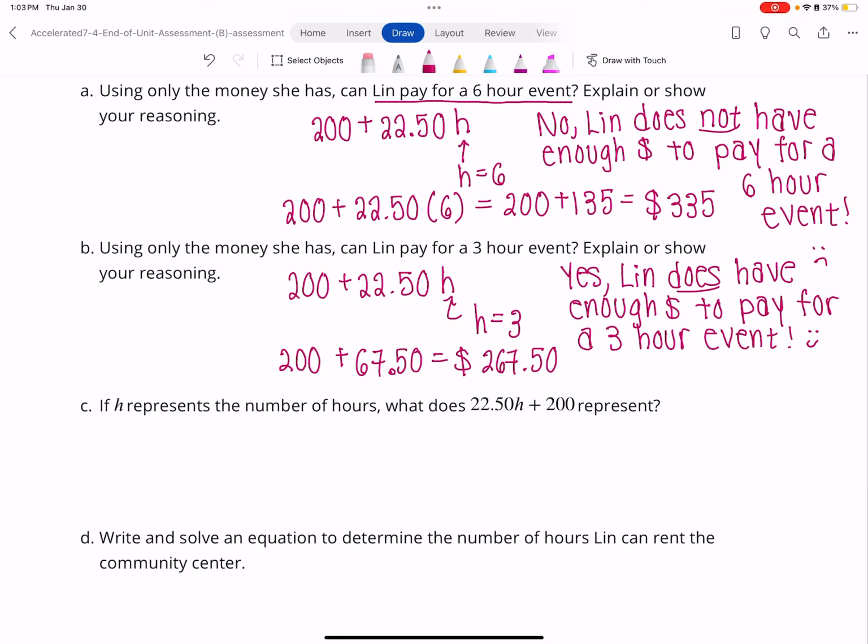Part C, if H represents the number of hours, what does 22.50H plus 200 represent?